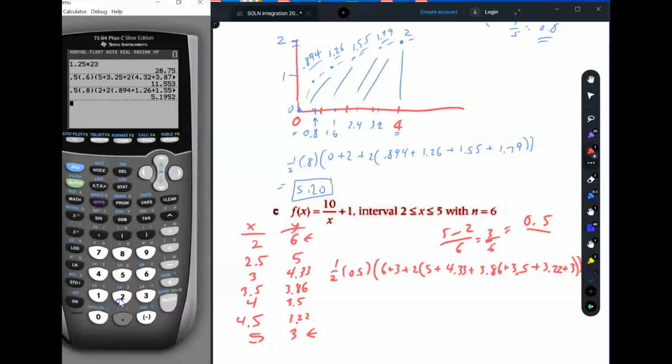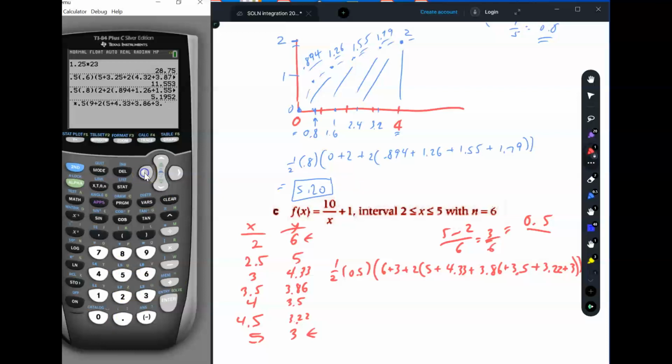So I'm going to put 0.5 times 0.5, because 1/2 is 0.5, right? And then I'm going to do 6 plus 3, which is 9. And then I'm going to do 2 times all these ones in the middle, 5, 4.33, 3.86, 3.5, 3.22.